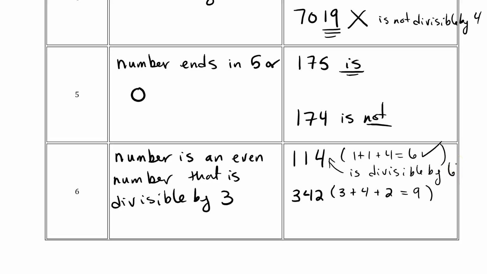Remember, all that needs to happen is that the sum of the digits has to be divisible by 3, which it is, and the number has to be even, which it is. So the sum has to be divisible by 3, not by 6. So we're saying that this one is also divisible by 6.